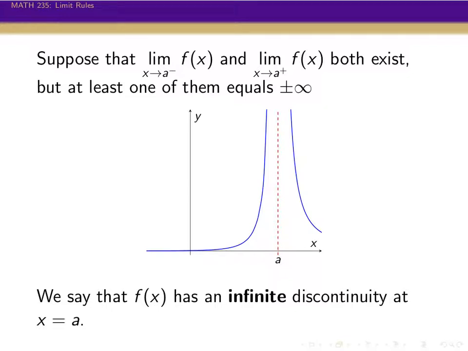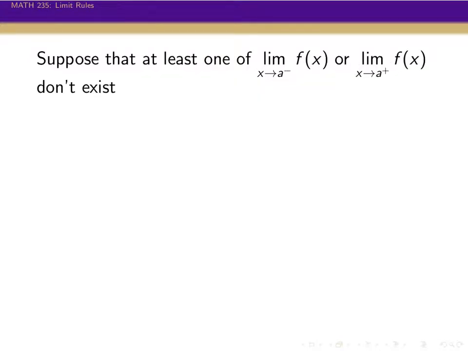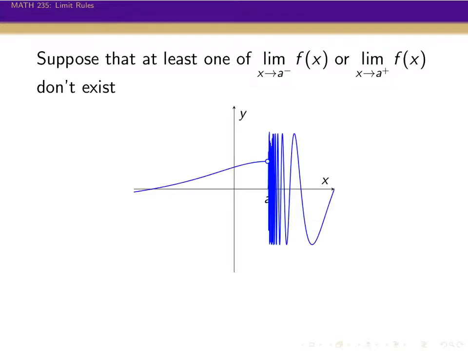And then what else can happen beyond this? Well, if the limits don't exist and don't go to infinity, that means at least one of them does not exist at all. You can't even come up with one value that it's going to. And so that's where we have some real craziness going on in the function. To the left, the function is going to some value right there.